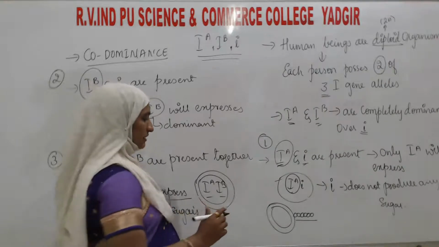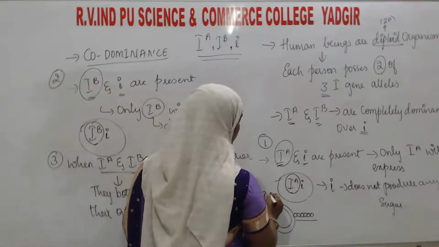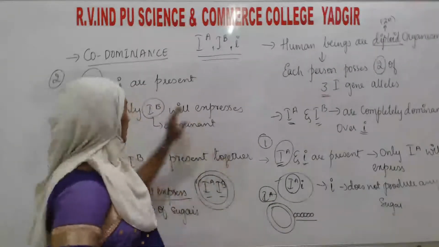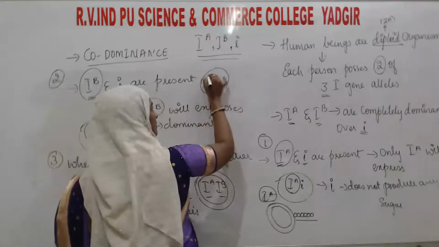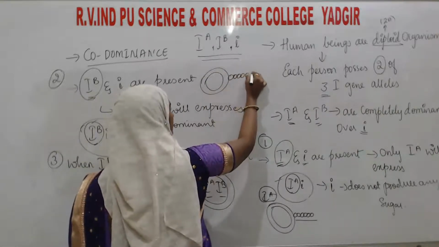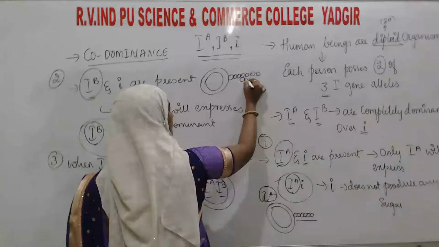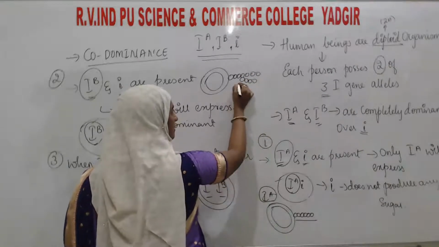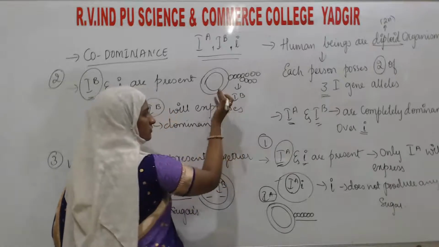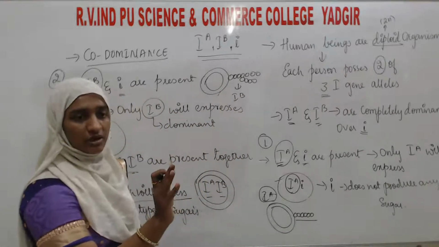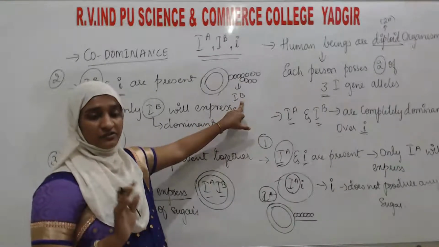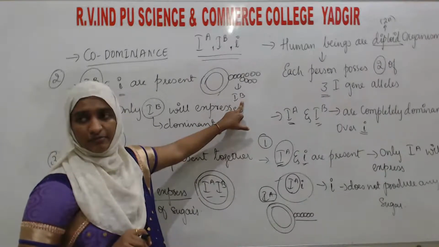In that condition, we can say the gene present is IA. In this condition, this is the RBC and this is the sugar polymer, and here we can say IB. One more gene is there, but it is not going to produce any sugar polymer. Then we can say only this is going to express, but not the small i.